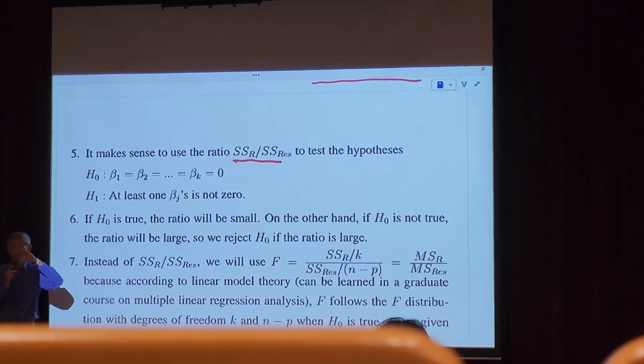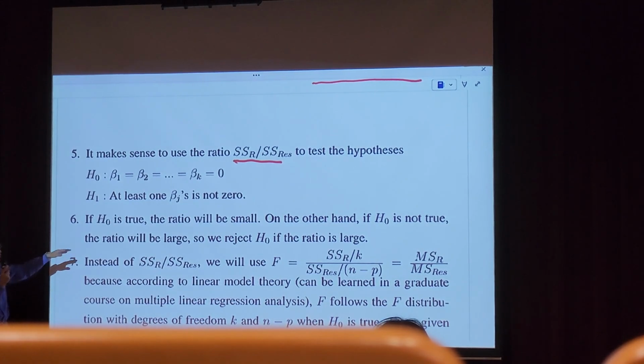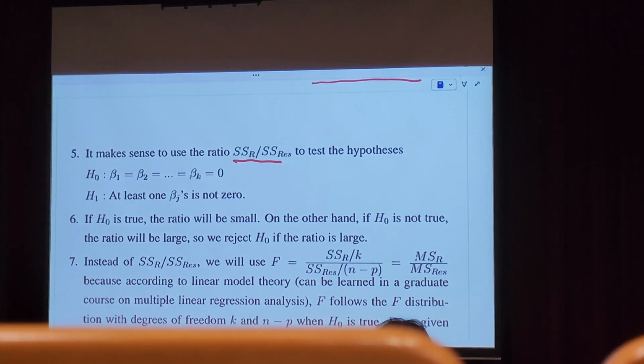But if the regressors are useful somehow, then the ratio will be large, and that will be the rejection zone. So that's the idea behind testing the overall model using analysis of variance.